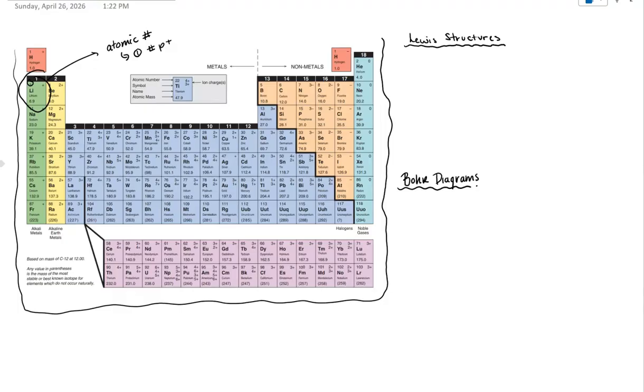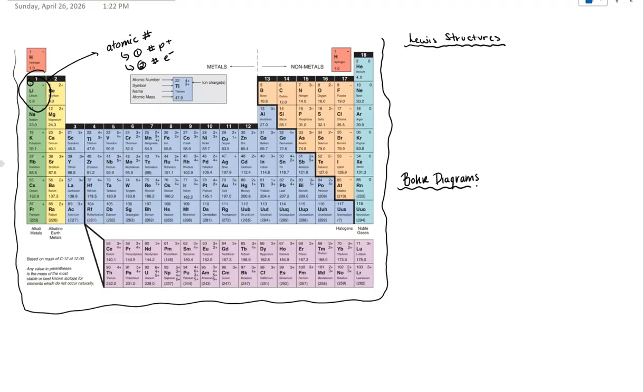Protons, obviously, are those positive particles that exist within the nucleus of an atom. And then we also have something even a little bit more important, at least for us with drawing Lewis structures, which is our number of electrons. So in this case, we can see with lithium, we have 3 electrons.